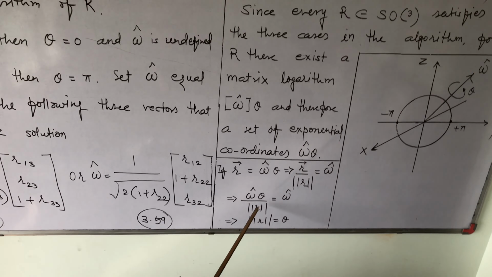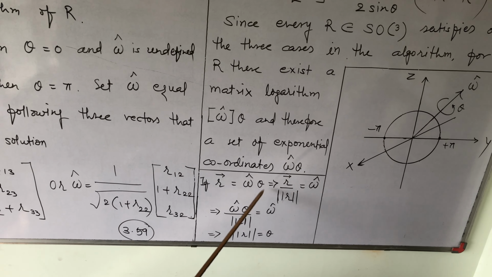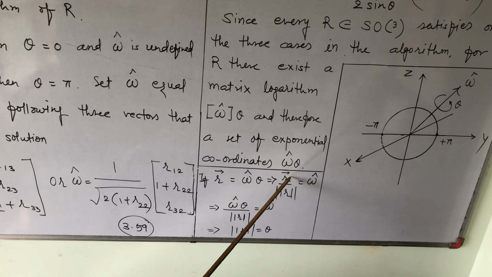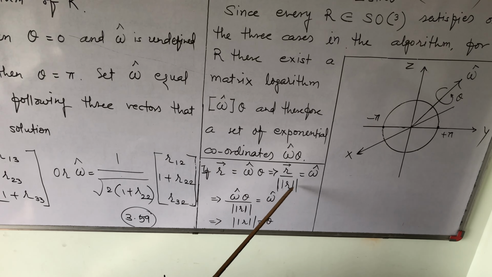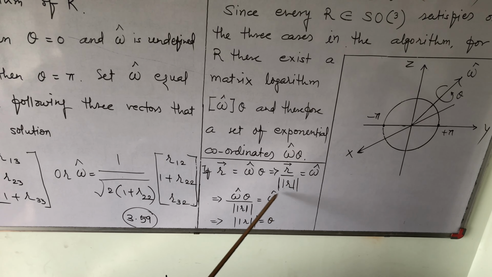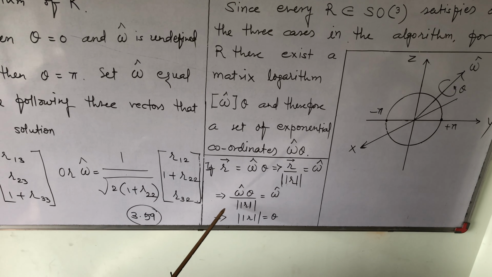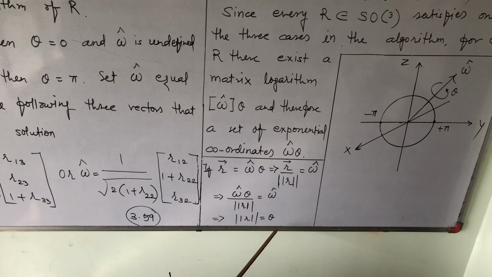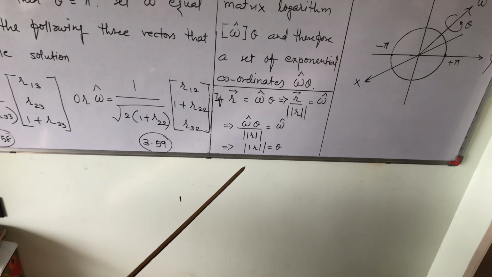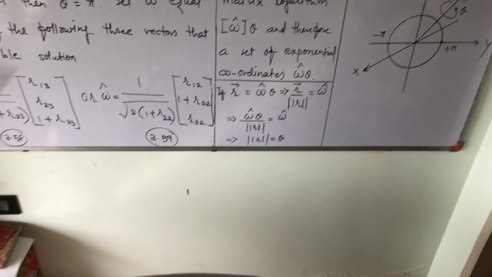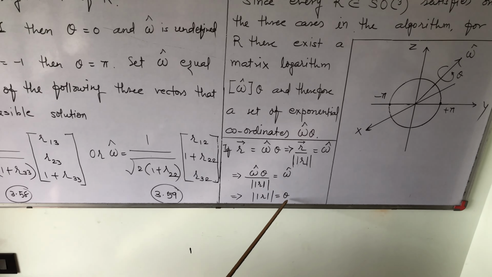Now using this, what is r? r is omega cap theta. So r is replaced by omega cap theta, and omega cap cancels out. So the magnitude of r is nothing but theta, and the maximum value of theta is pi.